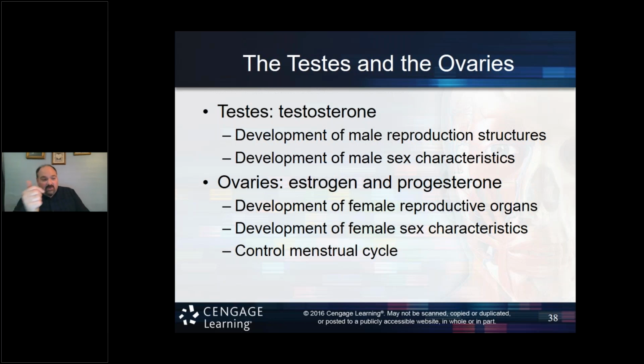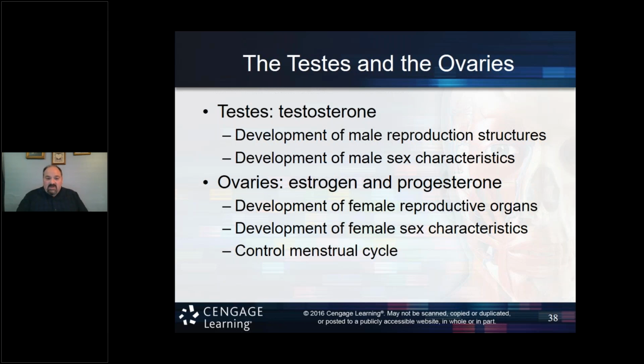The testes and the ovaries, the reproductive system, these gonads, produce testosterone, estrogen, and progesterone, and we'll talk in more detail at the end of the semester about the levels of these hormones and how they are effective in controlling the ovarian and uterine cycles.